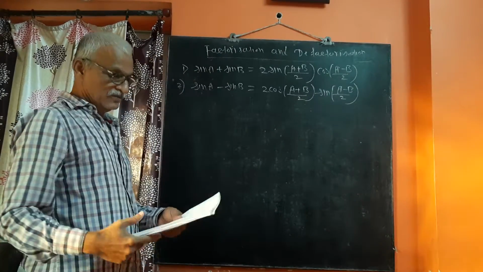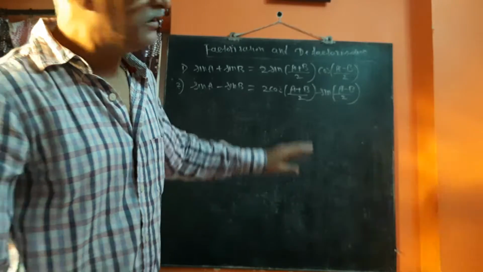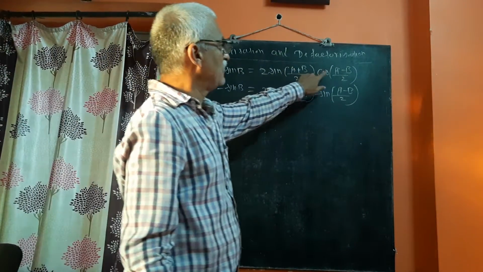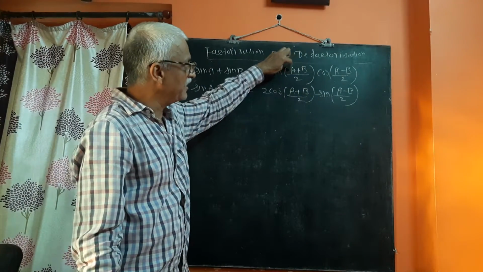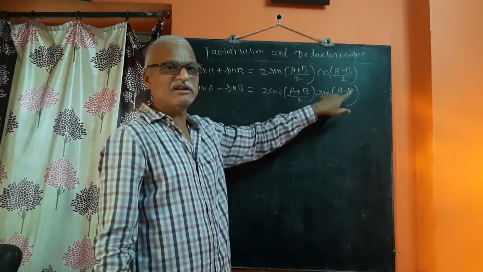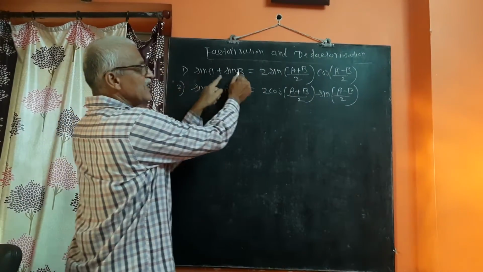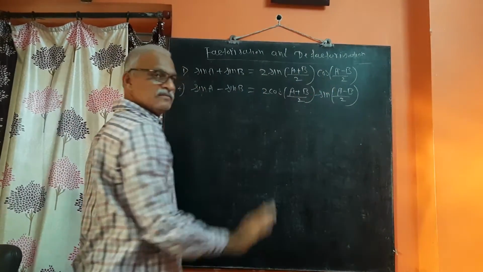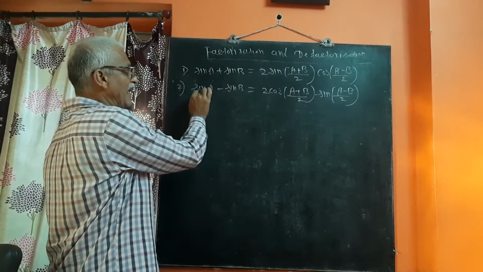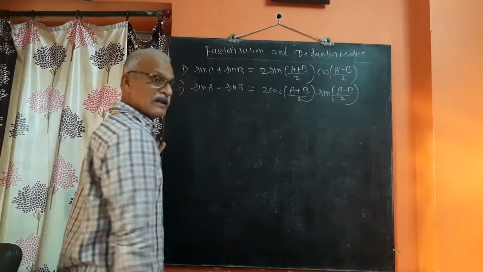See here, in the first case, addition of 2 sin is the multiplication of sin and cos. The angles here are A plus B by 2, here also A plus B by 2, A minus B by 2, here also A minus B by 2. So, addition of 2 sin is the multiplication of sin and cos. The subtraction of 2 sin is the multiplication of cos and sin.